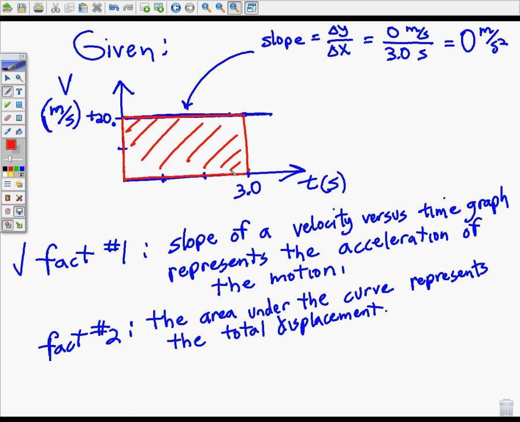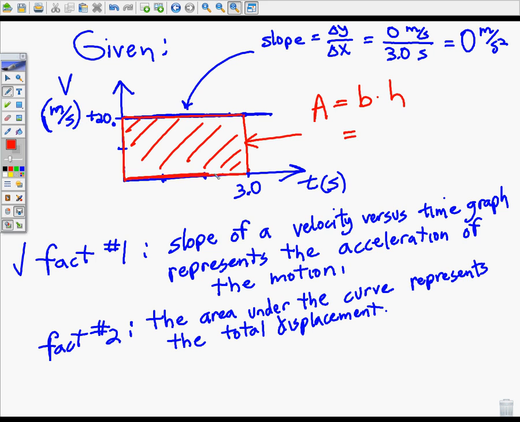Now when we go to calculate that area, we see in this case, it's a rectangle. So area equals base times height. In this case, the base is 3 seconds.